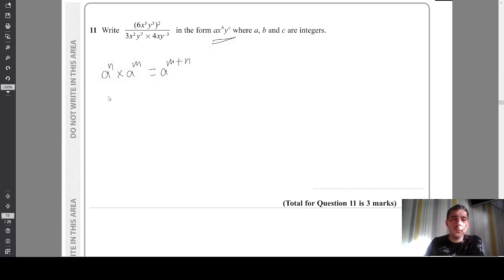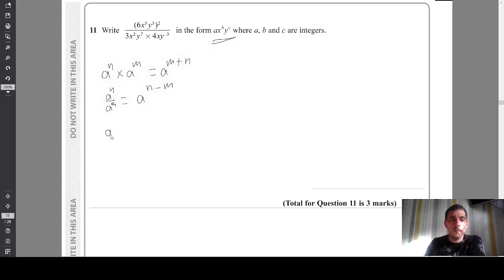In case of division, if you've got a to the n over a to the m, that's going to be a, and subtract the indices. And one more which is going to be useful in this particular question is powers of indices.